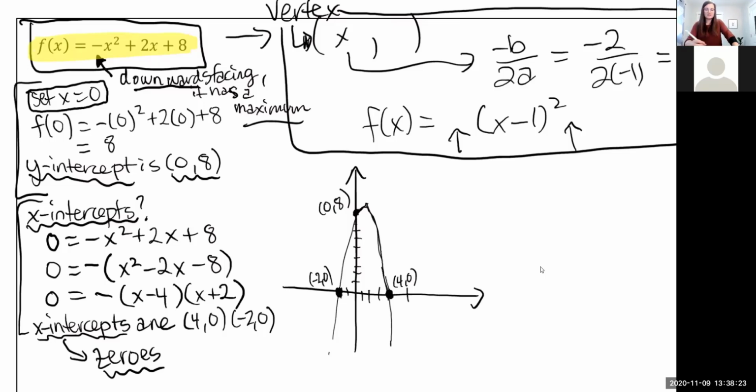Those are the zeros. They're also sometimes called roots, probably because back in the day, they were only concerned with quadratics, and the opposite of a square is a root. But obviously, roots exist for cubics and powers of 4 and so on. Anytime it equals 0 is a root in general. You'll probably just see zeros and x-intercepts.